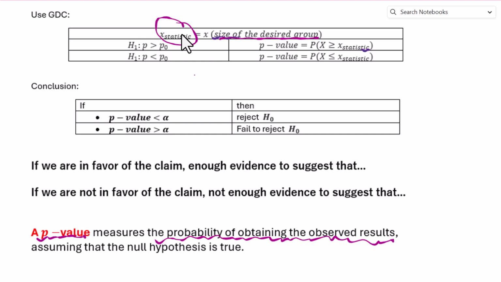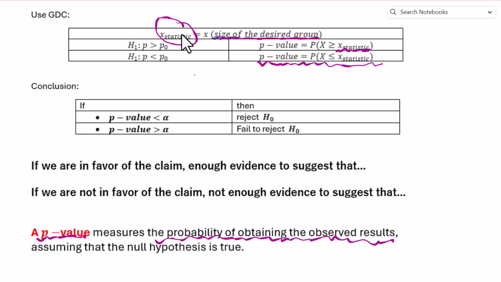When H1 is P greater than P0, p-value equals probability of X greater than or equal to X statistic. When H1 is P less than P0, p-value equals probability of X less than or equal to X statistic.